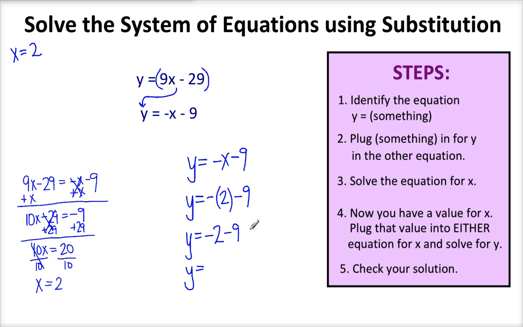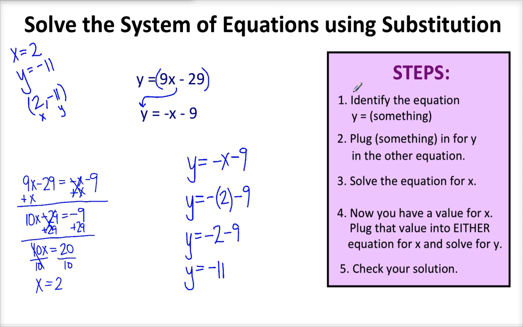Then negative 2 minus 9 is negative 11. So now we substituted x in as 2, and we solved and we figured out that y is equal to negative 11. Okay, so this would be a correct answer. The more common way that you would see this answer written would be as a coordinate point. So (2, negative 11). Remember, the first number is the x value and the second number is the y value.